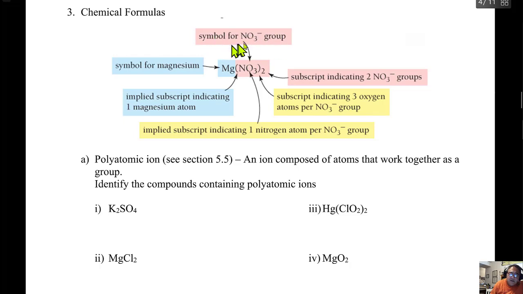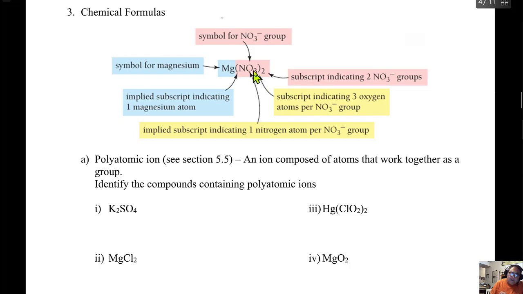That's actually what we're going to expand on. So here's nitrate, and there's an implied subscript of 1 on the nitrogen, there's a 3 here, and there's a subscript 2, and this indicates that you have 2 nitrate groups in the formula. The reason it's important to think about it like this is because this 2 multiplies everything on the inside.